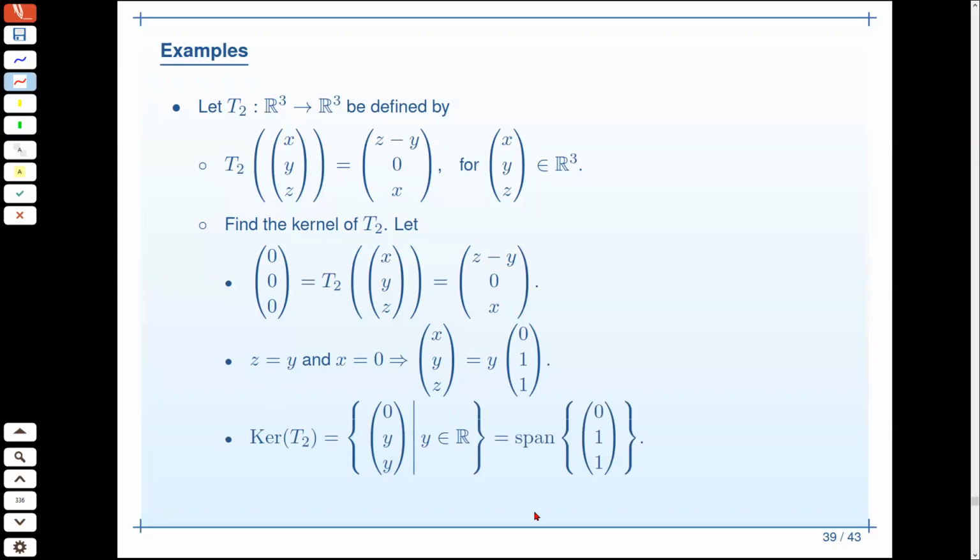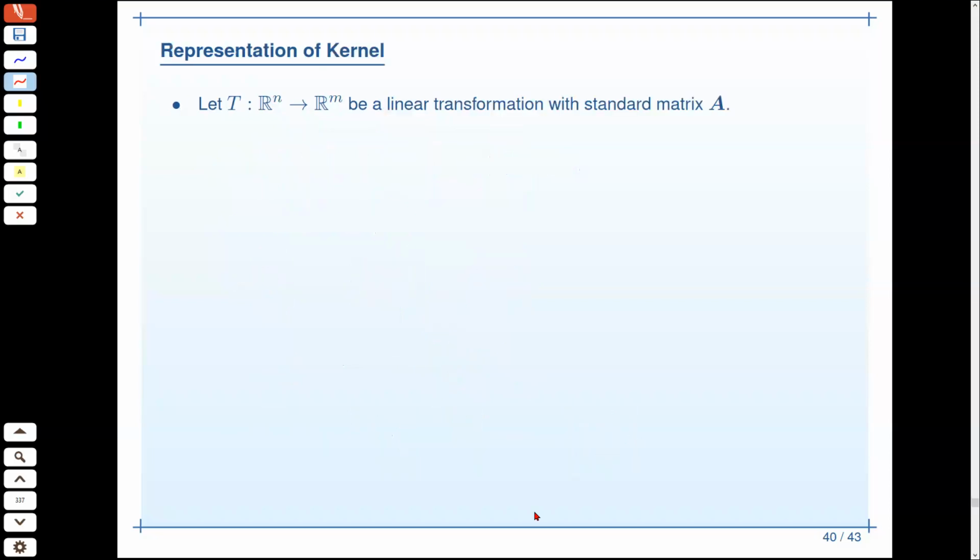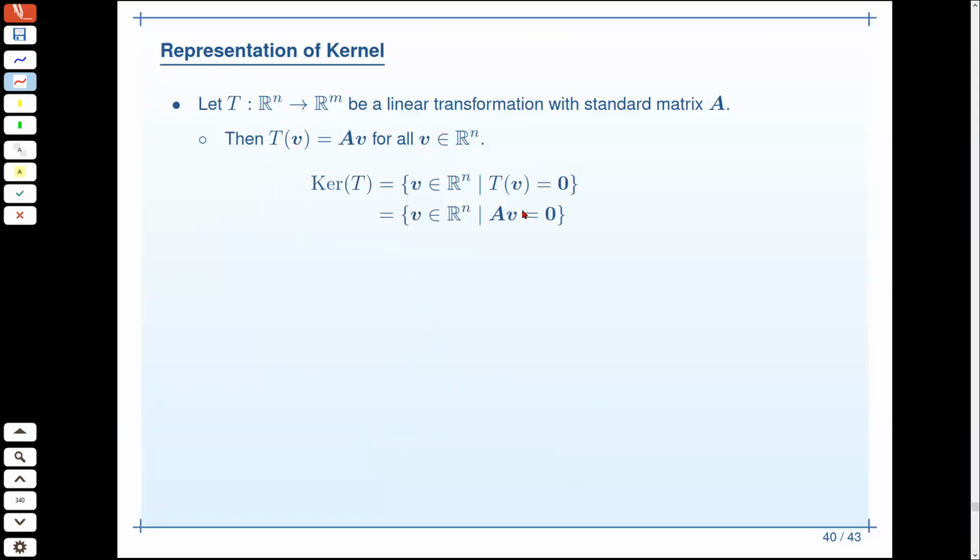Is it true that in general the kernel is a vector space? It should be. Again, we refer to the standard matrix. Suppose T is a linear transformation with standard matrix A, then T(v) equals Av. Now we are looking for the collection of all vectors so that T(v) equals 0, which is the same as looking for all vectors so that Av equals 0.